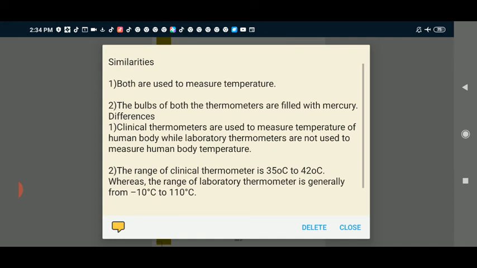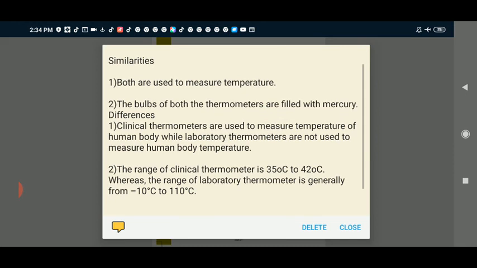We use laboratory thermometers for measuring very high temperatures of other objects. And the range of a clinical thermometer is 35 degrees Celsius to 42 degrees Celsius, while the range of a laboratory thermometer is minus 10 degrees Celsius to 110 degrees Celsius.